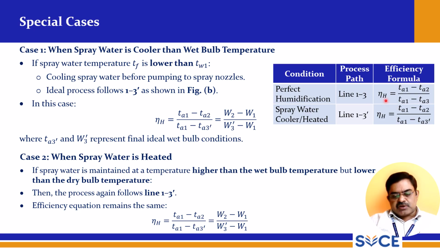The efficiency of humidification is given as equal to (Ta1 minus Ta2) divided by (Ta1 minus Ta3 dash). This is the difference, and for these two conditions you have to remember these efficiency equations.